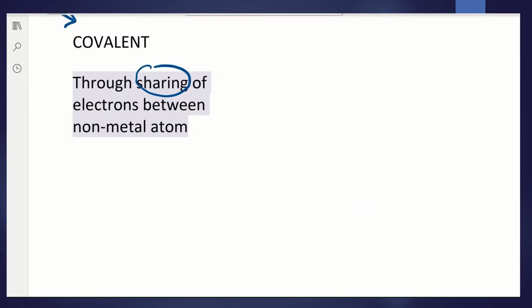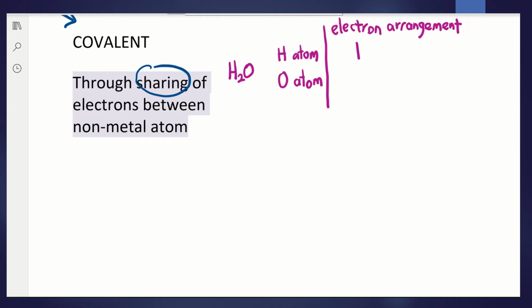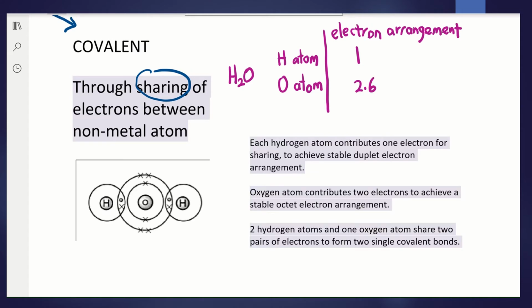An example of covalent compound is water. Formation of water molecule involves hydrogen atom and oxygen atom. The electron arrangement of hydrogen atom is 1, while the electron arrangement of oxygen atom is 2, 6. Each hydrogen atom will contribute 1 electron, the green dot here, for sharing to achieve a stable duplex electron arrangement.